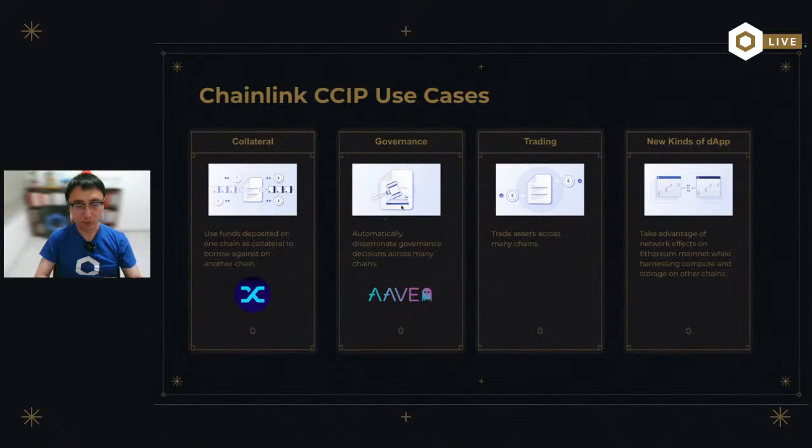Another use case might be cross-chain governance. Think about a very big project with some tokens. You promise the token holders the right to make a proposal and vote on whether it passes or not.